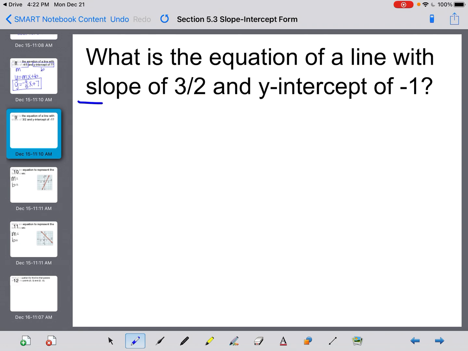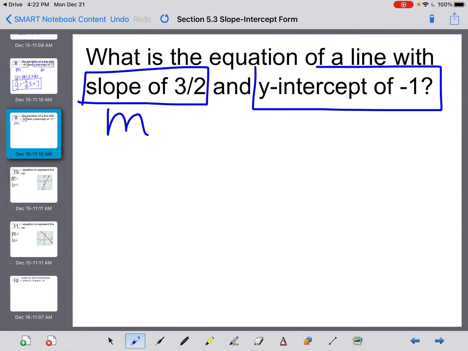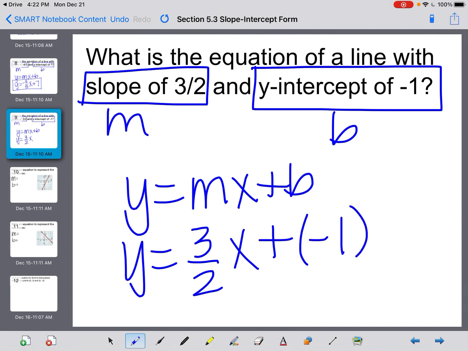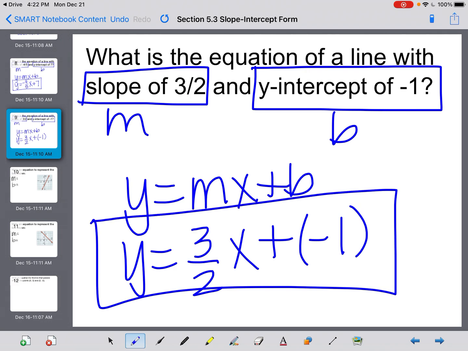Okay, what is the equation of a line with a slope of 3/2 and a y-intercept of negative 1? We're just going to plug in again, much like the last one. Our slope is 3/2. Our y-intercept is negative 1. You're welcome to just write minus 1 or plus a negative 1. Both would give you the same.